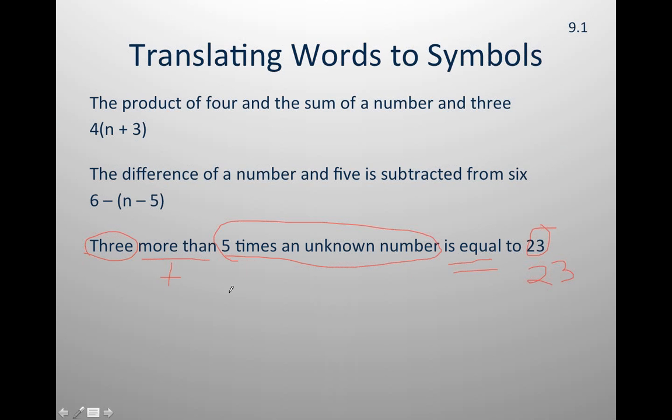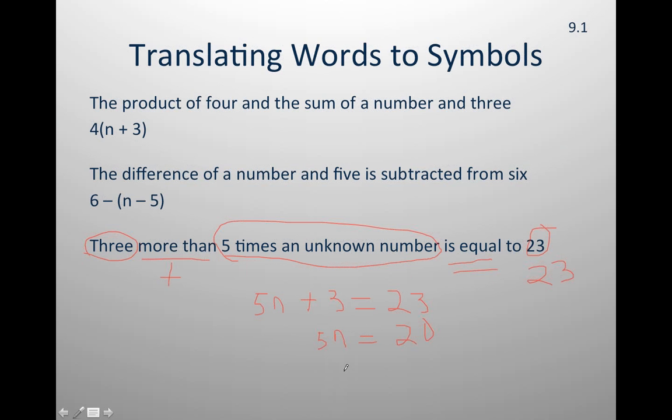Okay, the correct way of writing it is 5n plus 3 equals 23. So that's the correct way of writing it. Okay, you'll end up subtracting 3 from both sides and come up with 5n equals 20. The answer n is going to equal 4 anyway.